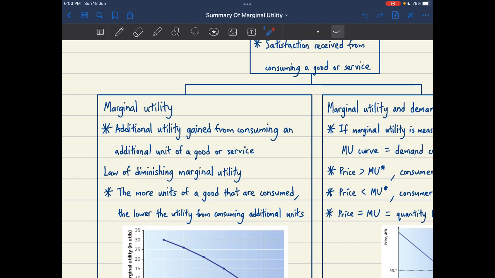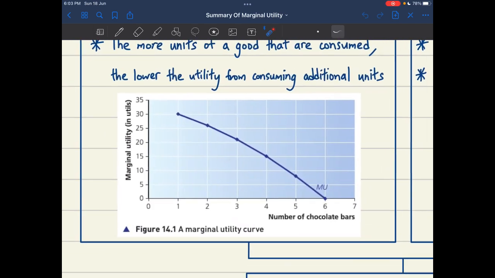Like, for example, just like what I mentioned just now, let's say you consume the first can of cola, you get a marginal utility of 50. Second can will give you 30, and probably down the road, the third can will give you like 15 and 10 and then 5 and so on and so forth. So the more units that you consume, the less marginal utility that you have from consuming the additional units, which can be represented by this graph here.